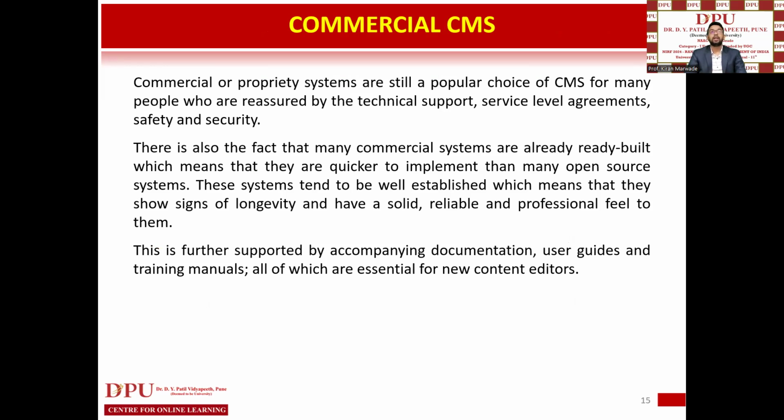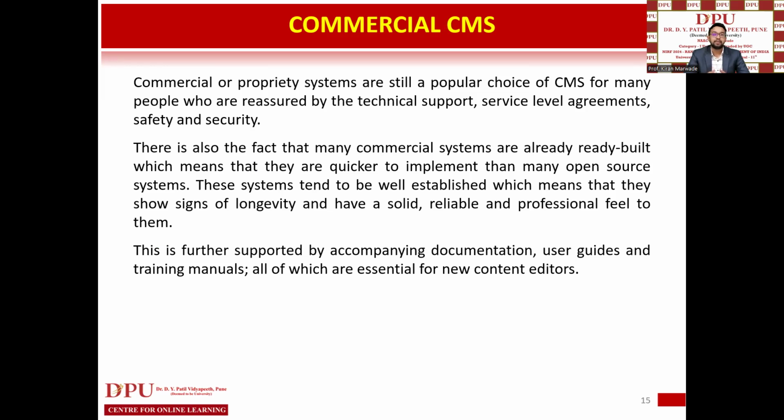The commercial or proprietary systems are still a popular choice of CMS for many people who are reassured by the technical support, service level agreements, safety, and security. There is also the fact that many commercial systems are already built, which means that they are quicker to implement than many open source systems.